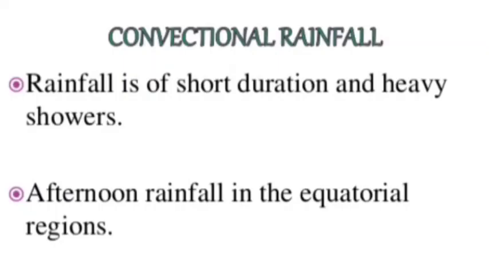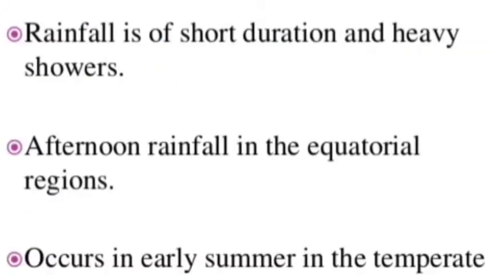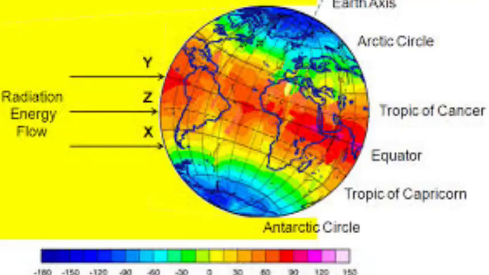Convectional rainfall is of very short duration with heavy showers. Afternoon rainfall in equatorial regions. You know that in equatorial regions this kind of convectional rainfall commonly occurs daily. So in the equatorial region there is more heavy rain. Now, do you know how many centimeters of rain occurs in the equatorial region? Yes, 200 centimeters of rain.